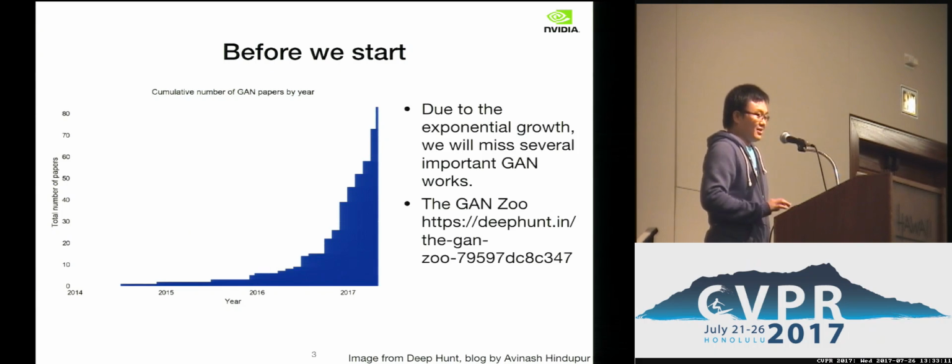Because there are so many papers, we will certainly miss some of them, and I apologize if I forget to mention your papers in this tutorial. Most of the papers are selected to tell the main story we want to tell. A paper not being included only means it's not part of our main story, but it can be very good.